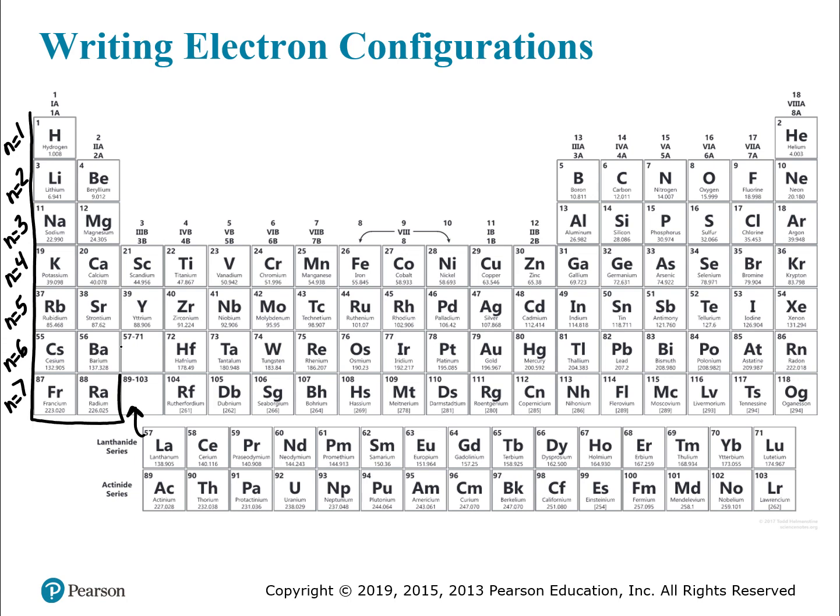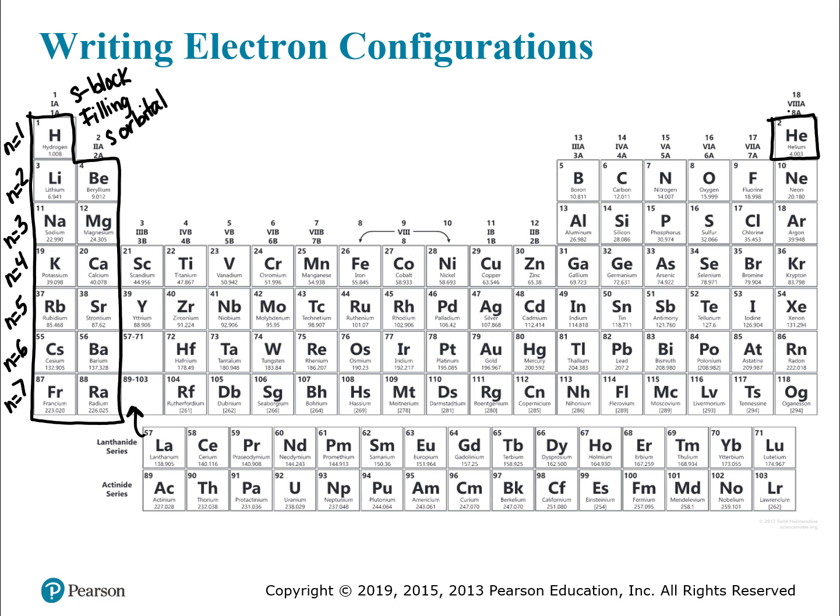I'm going to do different colors for each of the different blocks. The first block is the S block. So all of these elements are filling the S orbital. We've got the 1s, and this also includes helium, which I know is all the way on the other side of the periodic table, but that's just because helium is also a noble gas.